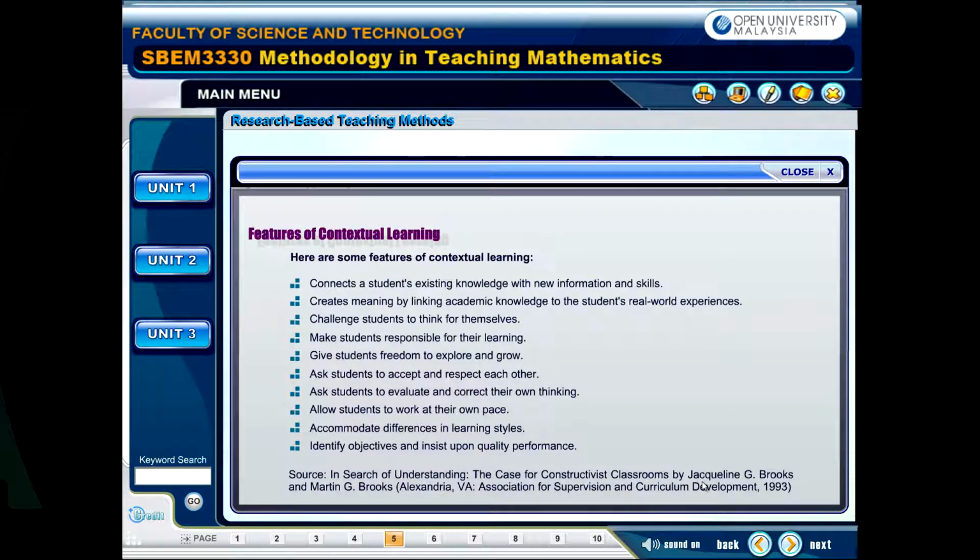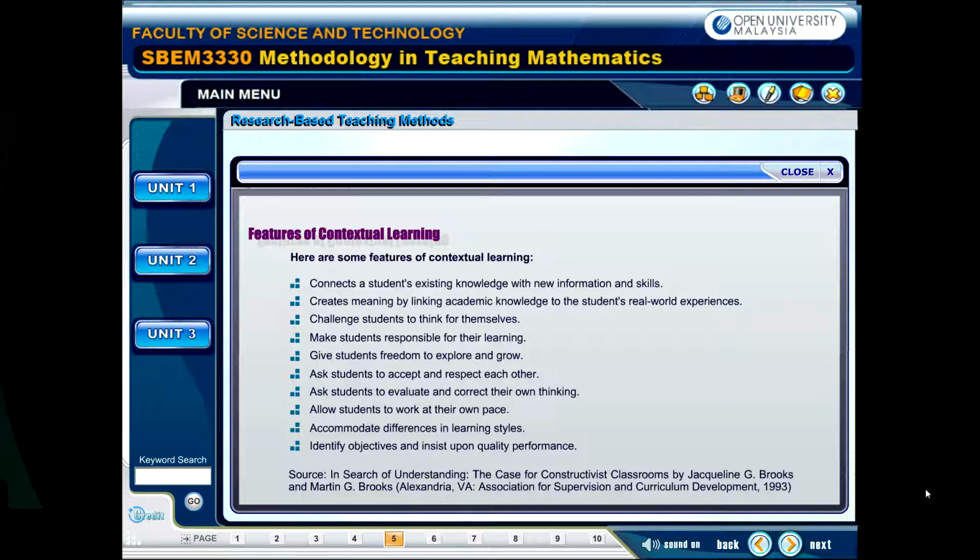Here are some features of contextual learning. Connects a student's existing knowledge with new information and skills. Creates meaning by linking academic knowledge to the student's real-world experiences. Challenge students to think for themselves. Make students responsible for their learning.